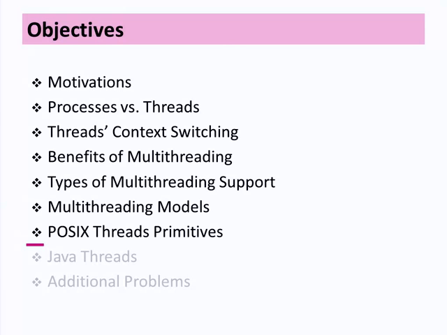We also introduce the models of multi-threading related to operating systems, and then we move to examples of multi-threading with different ways. One way is to use C with Linux or Unix-based systems, and in that case, we're going to cover POSIX threads.